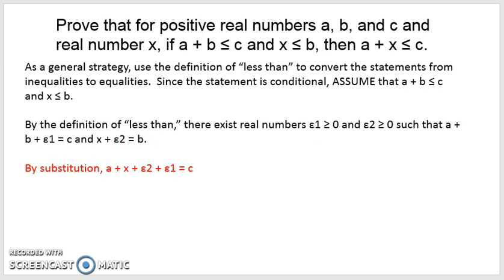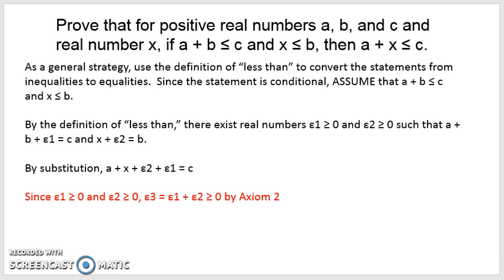All right. So now we have algebra at our disposal, if you will. We can take X plus epsilon 2 equals B and substitute that into the first equation, and that gives you A plus X plus epsilon 1 plus epsilon 2 equals C. Now, what do we know about epsilon 1 and epsilon 2?